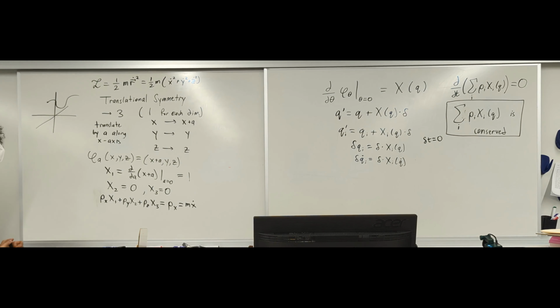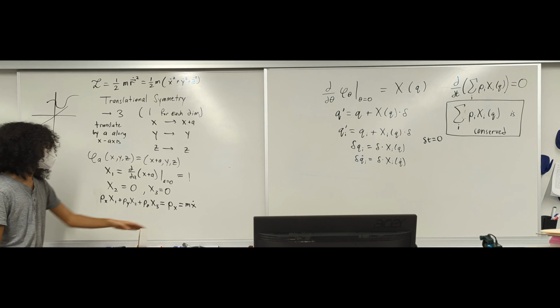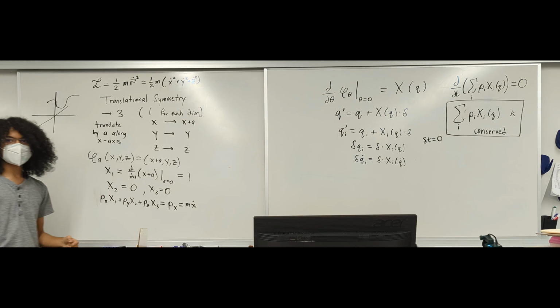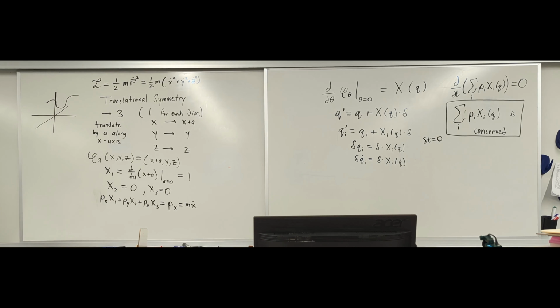Immediately what comes to mind is that this translational symmetry is usually broken by having a potential energy dependent on the coordinate of that direction, like V of x. If you have V of x, and it's not constant, that breaks the translational symmetry of the Lagrangian, which then prevents the momentum from being conserved, because p dot will be equal to minus dV by dx.